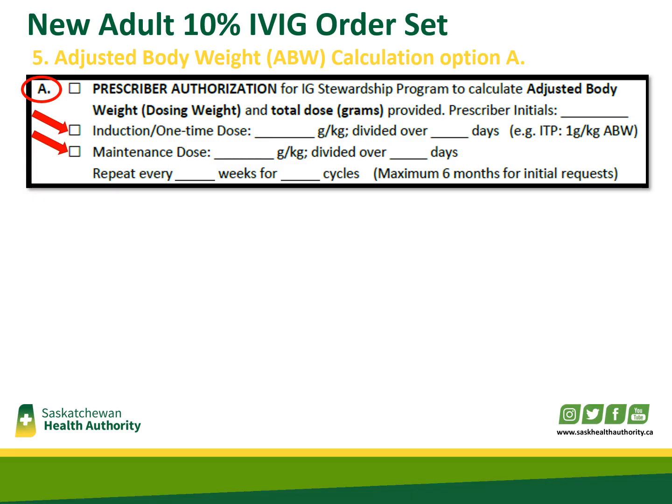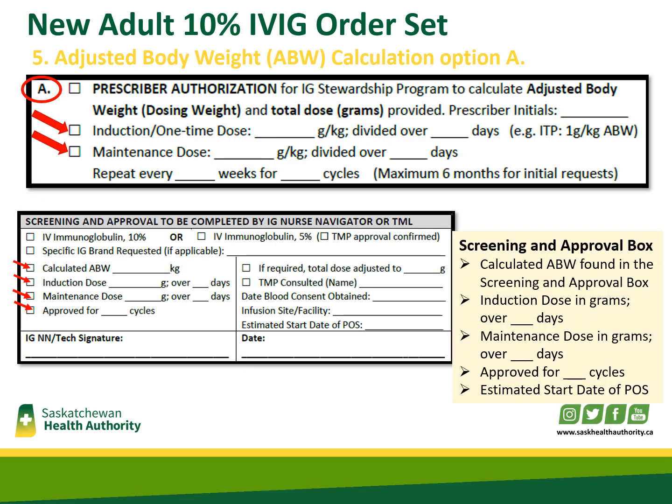If it's a really excessive dose, like 185 grams to be given over 1 day, it is also worth a conversation with the transfusion medicine on call just to make sure that they support that decision of giving that much IVIG in 1 day.